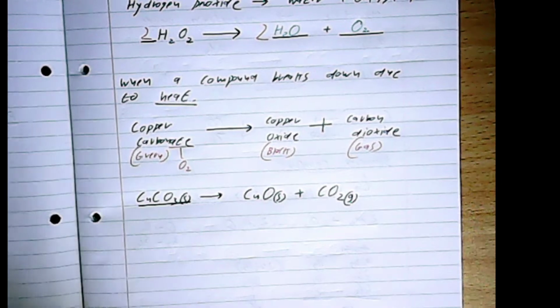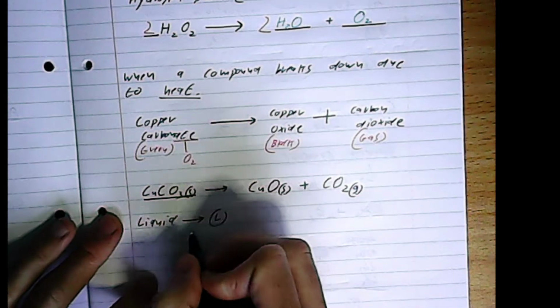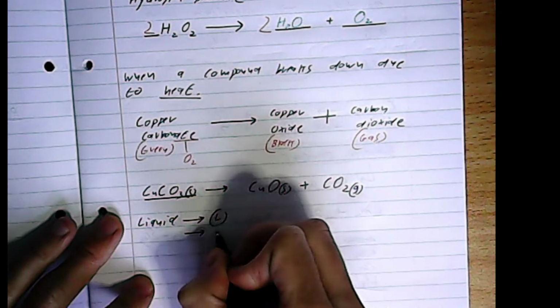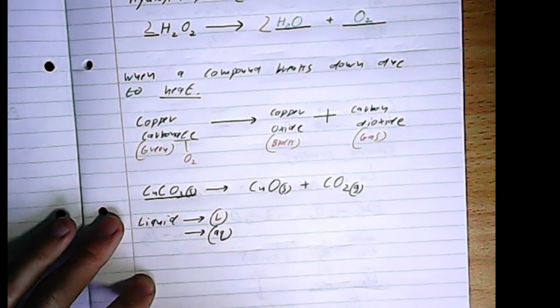Now, there are 2 other states that you might need to identify on a chemical equation. The first one is obviously liquid, which unsurprisingly is an L in brackets. And then the last one is AQ in brackets.